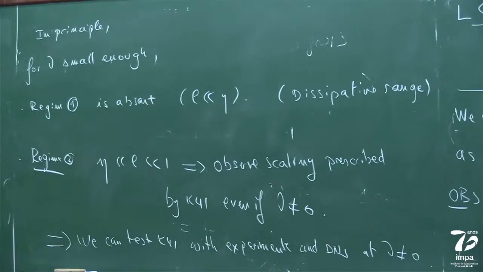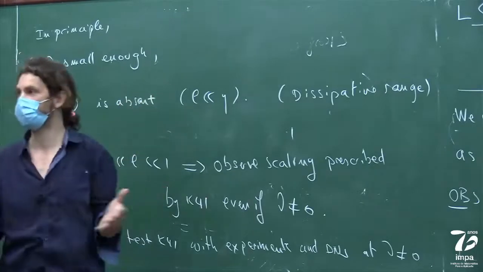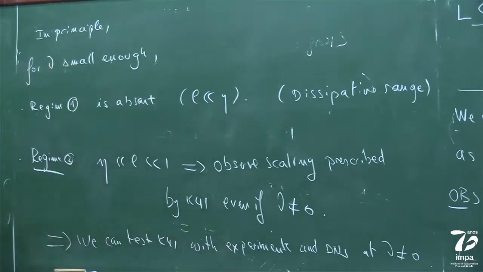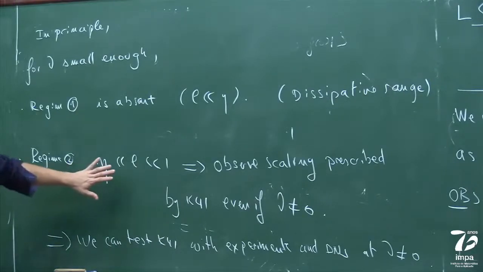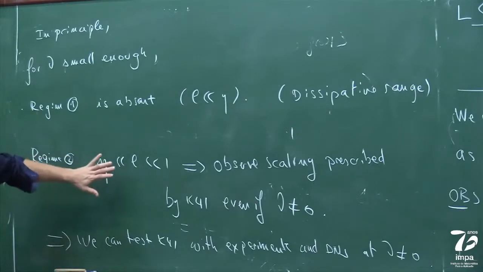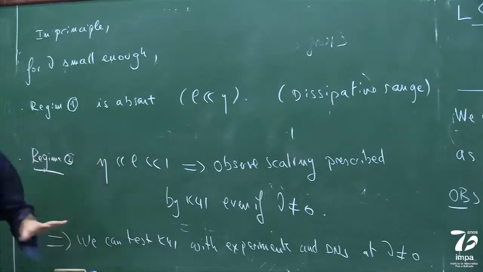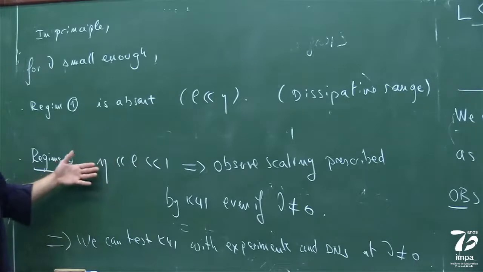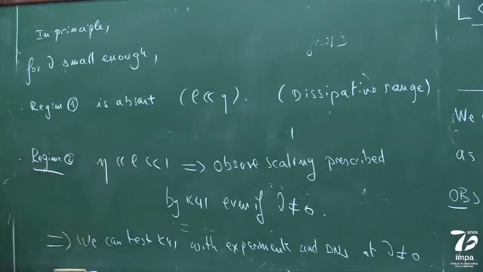And the consequence for experiments which have a finite viscosity means that there should exist a scaling range, so that basically when you observe all the properties of the velocity field on scales which are within the scaling range, we should observe the prediction of Kolmogorov. Question is, do we observe them?